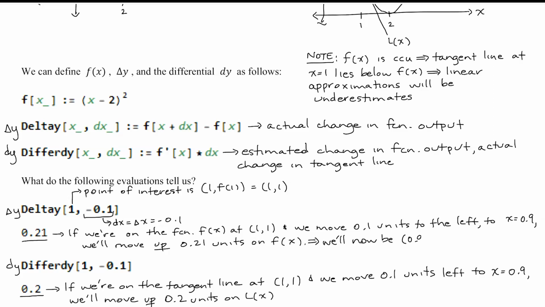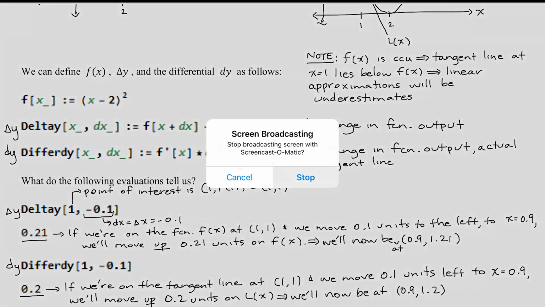So in the first case, instead of being at (1, 1), we'll now be at the point (0.9, 1.21). So we've moved 0.1 units to the left on x, 0.21 units up on y. On the tangent line, I should say, we'll now be at the point 0.9 on x; we were at x equals 1 and we moved 0.1 units to the left to x equals 0.9, and we've moved up 0.2 units on the tangent line, so we'll be at the point (0.9, 1.2).